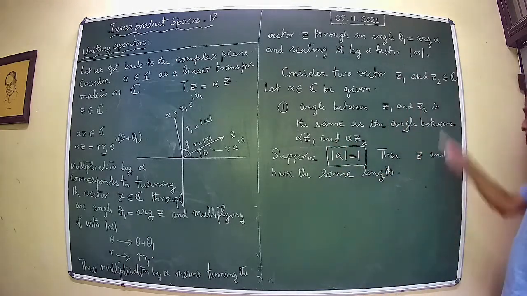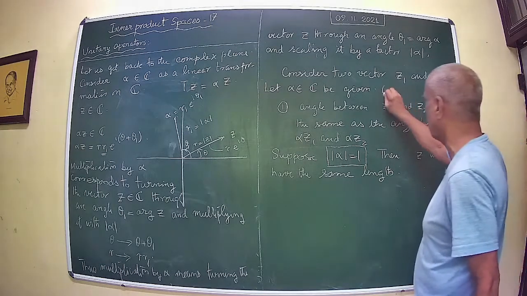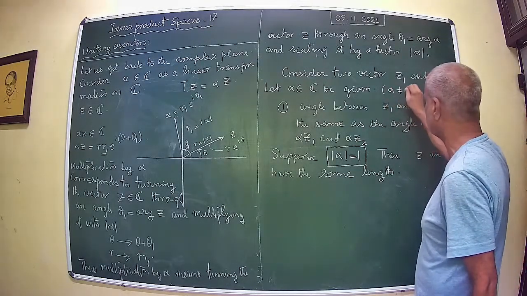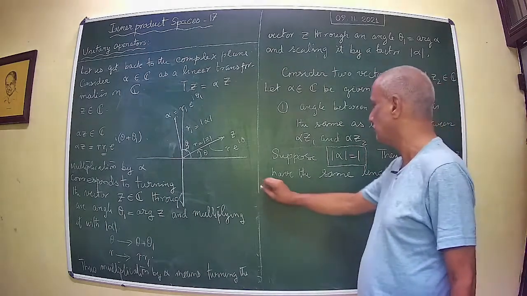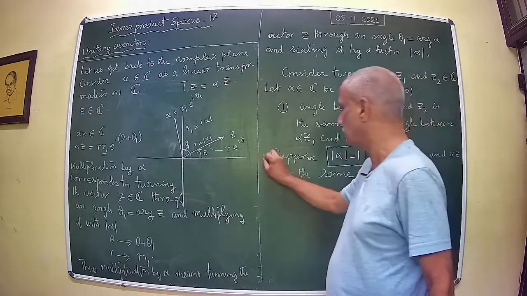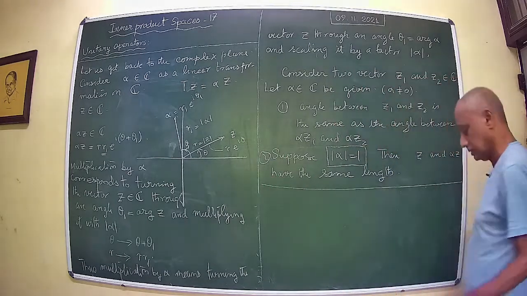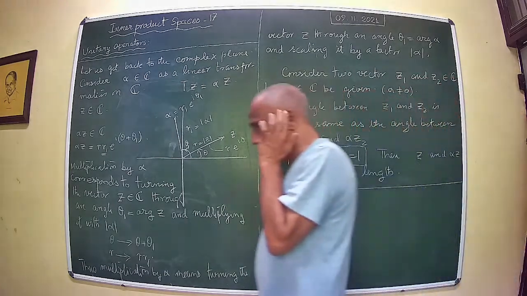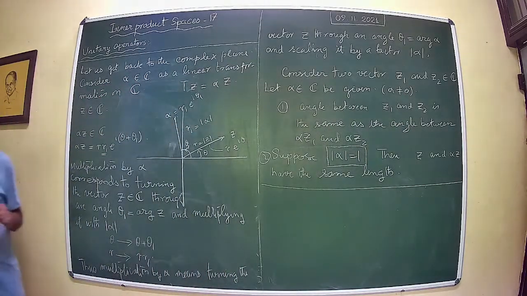Of course the angle is preserved irrespective of this, as long as alpha is not equal to 0. So we shall see similar properties true for what are called unitary operators.